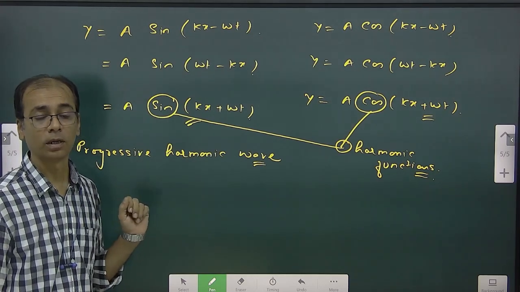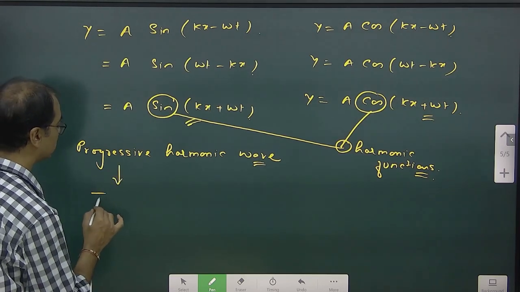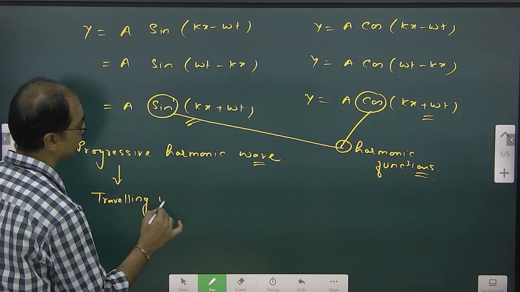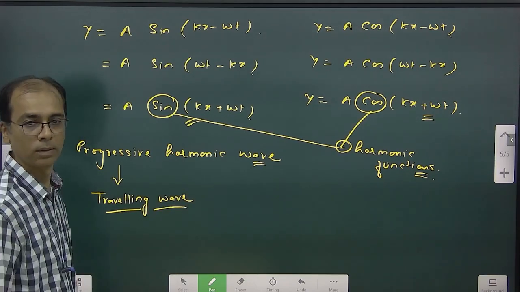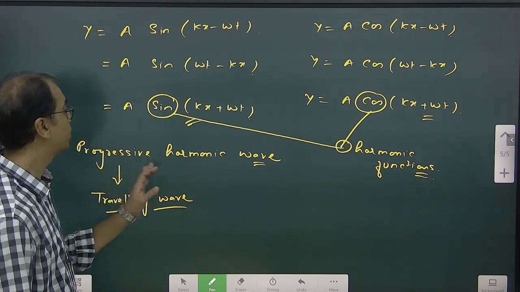Progressive means what? It means a traveling wave. Okay. It's moving ahead. It's not stationary. You will be thinking, can a wave be stationary also? Yes, we will see that later on. A wave can be stationary also. Okay. So this is a progressive wave.